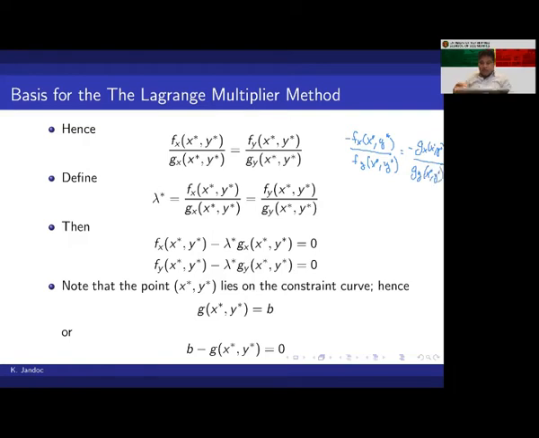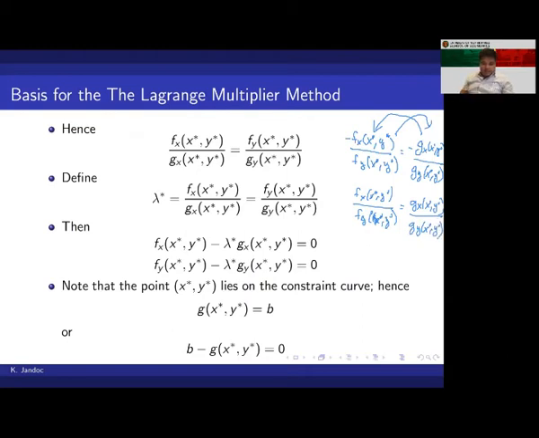And so therefore, what you can do is to flip things around. If you move this to this side and this to this side, you have f_x(x*, y*) over f_y(x*, y*) is equal to g_x(x*, y*) over g_y(x*, y*). Great.